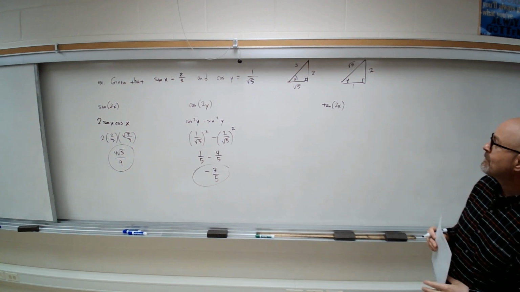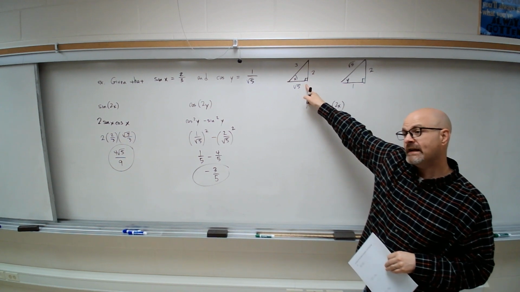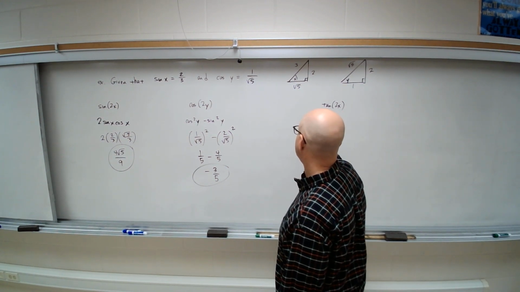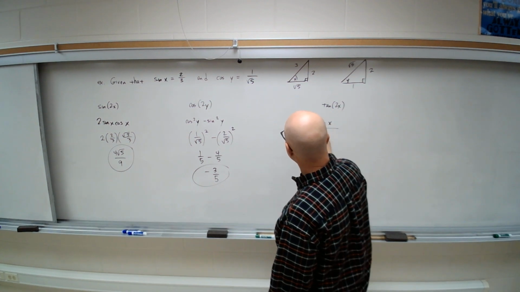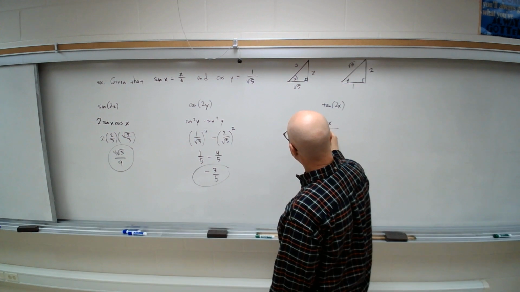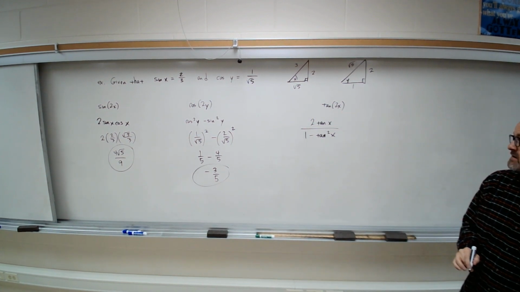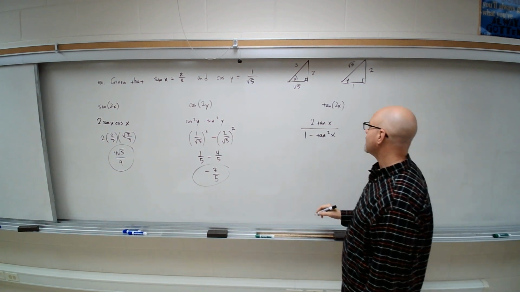And then our last example here is the tangent of 2x. So we're going to be back to this triangle again. The formula for the double angle tangent is 2 tangent x over 1 minus tangent squared x. If we look at this picture, we see the tangent is 2 over radical 5.